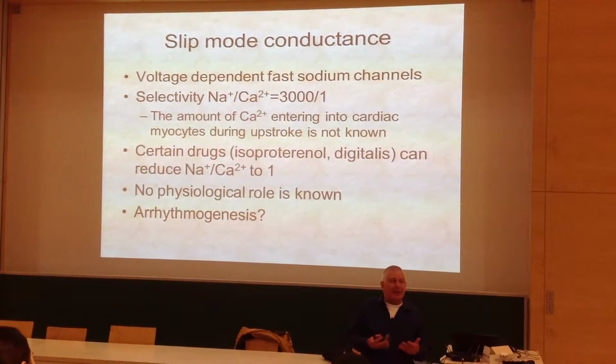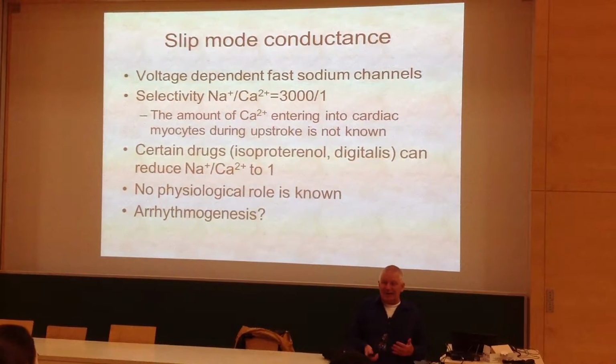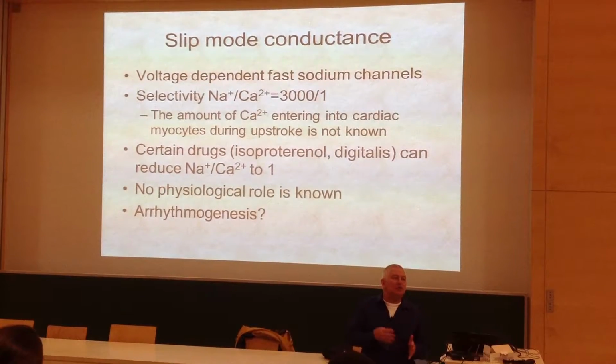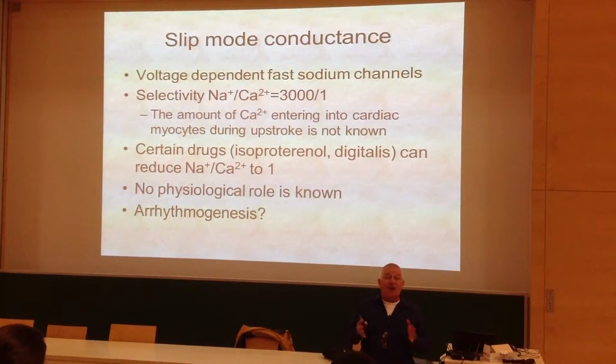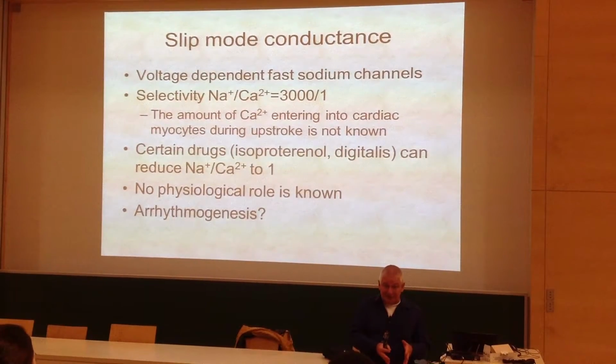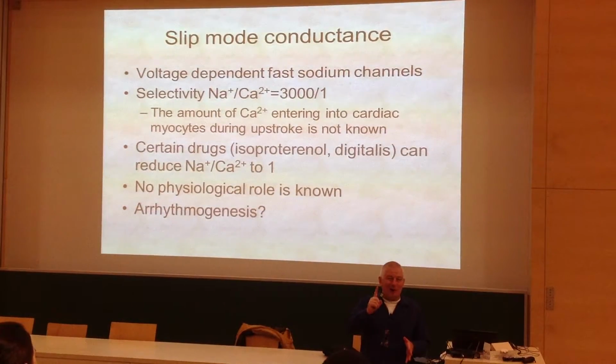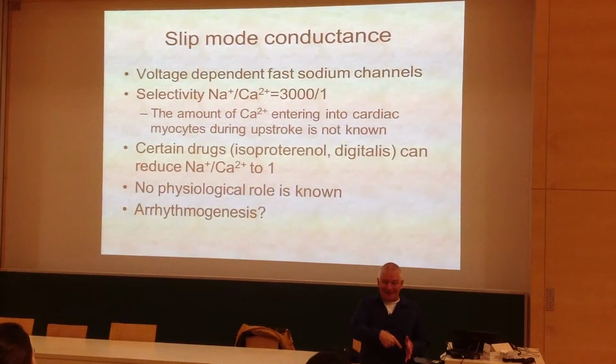For example, in human fast sodium channels, the selectivity is about 1 to 3,000, 1 to 5,000. What does that mean? When 5,000 sodium ions enter into the cell, there is always one vagabond calcium ion which will use this channel and enter.